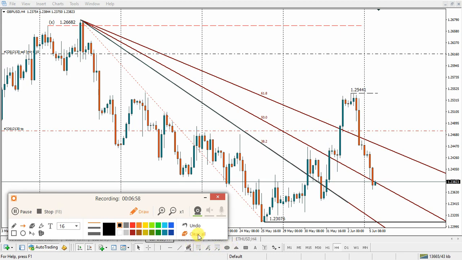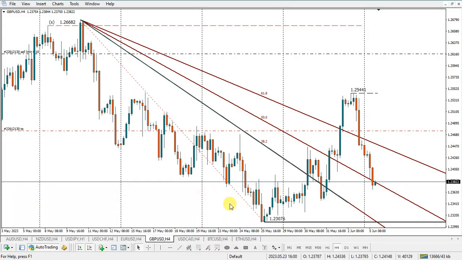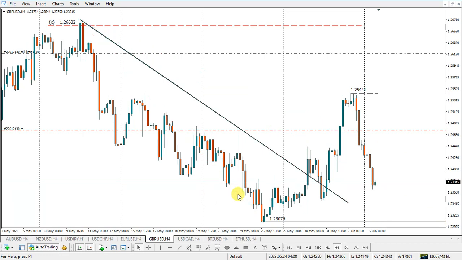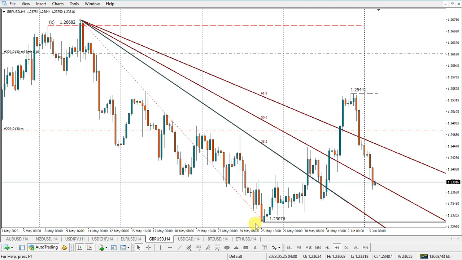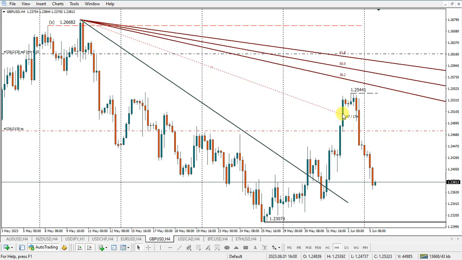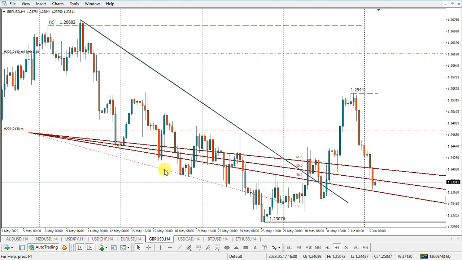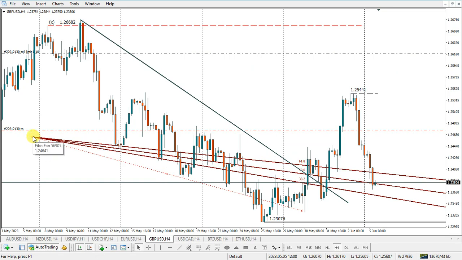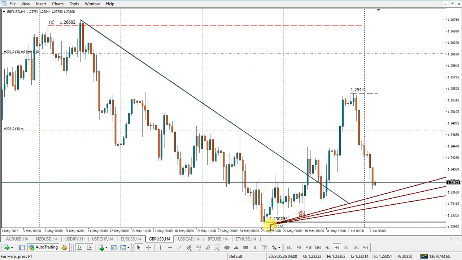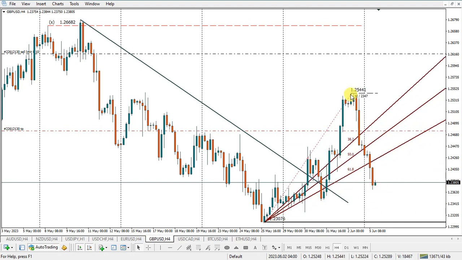Let me just add something here, because this is actually looking interesting. So I get that as my swing high, and then bring this, sorry about that, this is my swing low, and then that would be my swing high. Then I can find my trend line, my MT4 trend line, and rather than 38.2, now we see that price is actually reacting more to the 61.8.